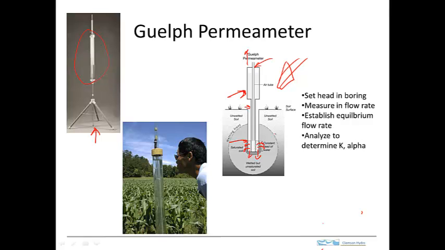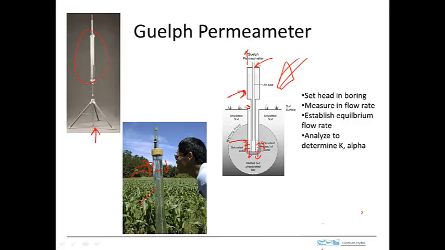And as it flows out, the water in the bubbler, as you can see up here, that's the chamber. It's filled with water, and that's dropping. So as the water is flowing into the soil, this level here is dropping. And it's graduated. You can see the graduations there.